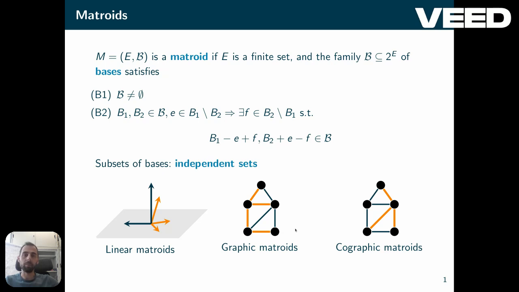Another fundamental example is the graphic matroid of an undirected graph, whose bases are the spanning trees. And if you are familiar with the notion of duality in matroids, then the dual of the graphic matroid of a graph is called the cographic matroid, and in the cographic matroid, the bases are the complements of spanning trees.